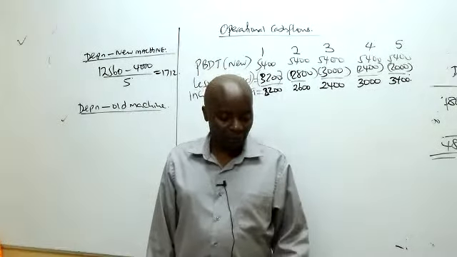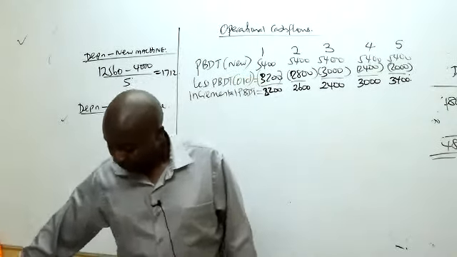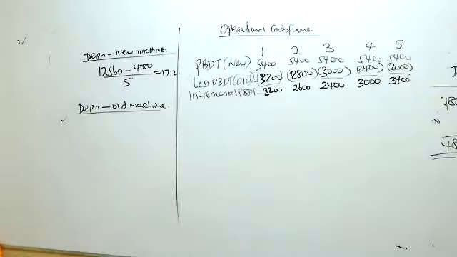I'm waiting. I'm giving you 2 minutes. I'm waiting for the answer. For the old machine. Mohammed, that's not right. Old machine, thank you for trying, but that's not right.